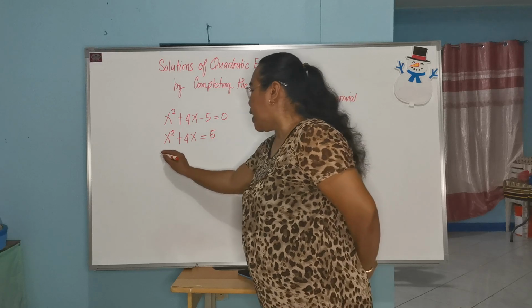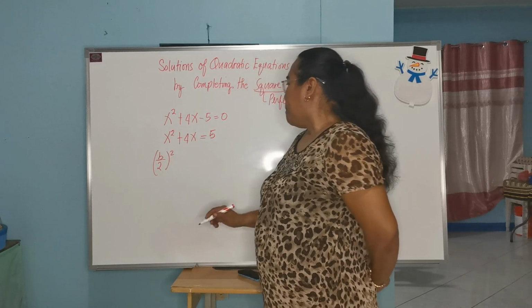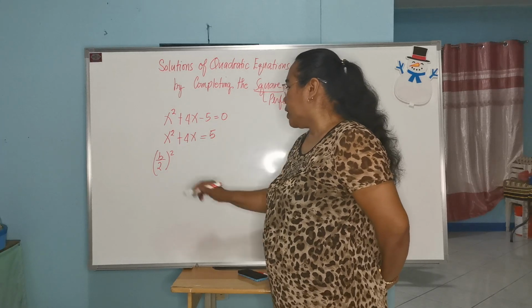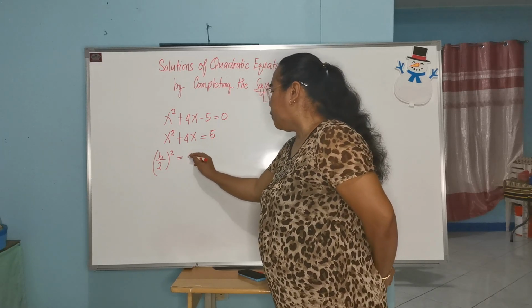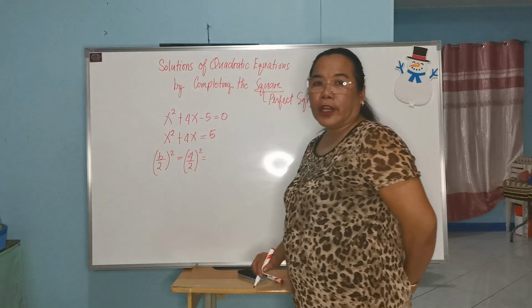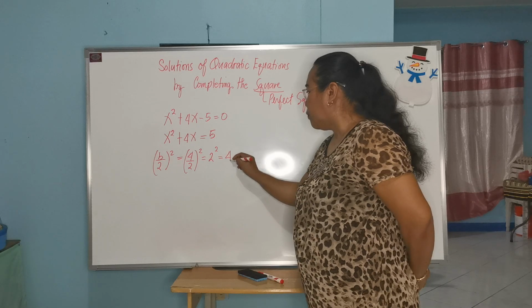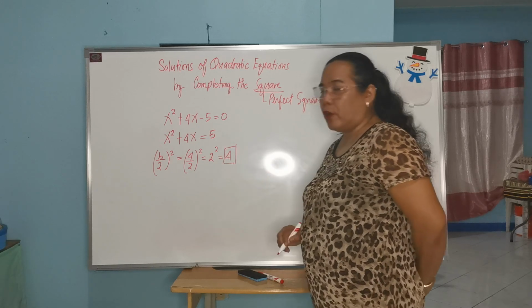Next, we have to take b over 2 and then square that. b is the numerical coefficient of x, and that is 4, divided by 2 and then squared. 4 divided by 2 is 2, squared, and that would give us 4. What shall we do with 4?